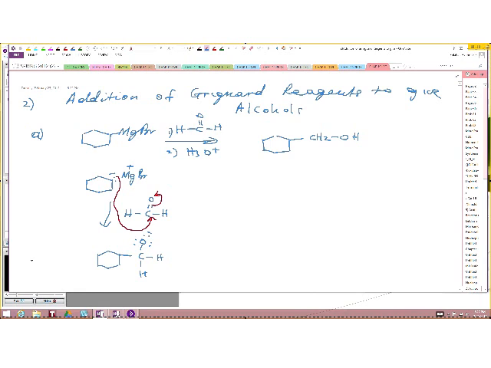Now it is this alkoxide intermediate that we add dilute acid to.